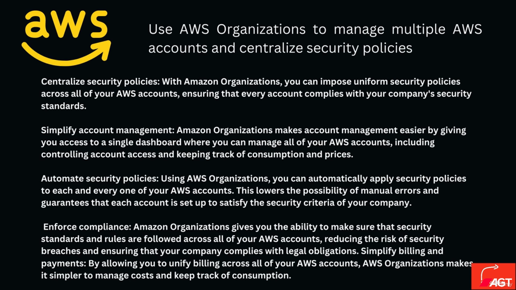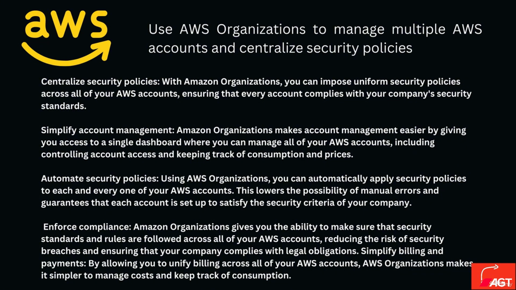Simplify account management. Amazon Organizations makes account management easier by giving you access to a single dashboard where you can manage all of your AWS accounts, including controlling account access and keeping track of consumption and prices. Automate security policies. Using AWS Organizations, you can automatically apply security policies to each and every one of your AWS accounts.